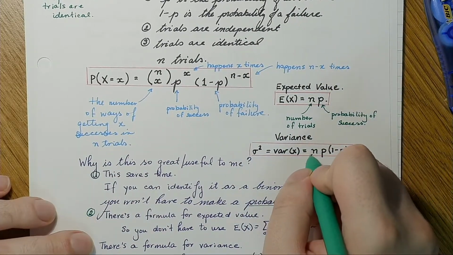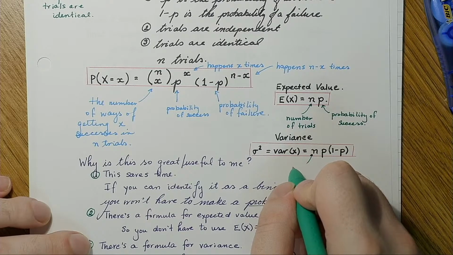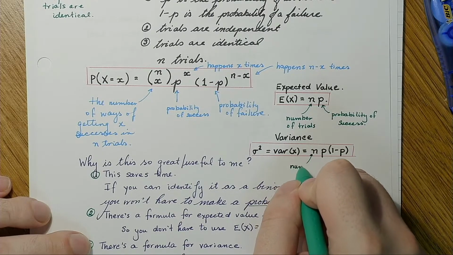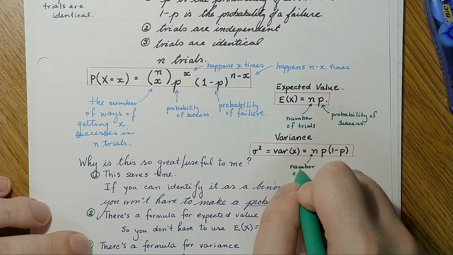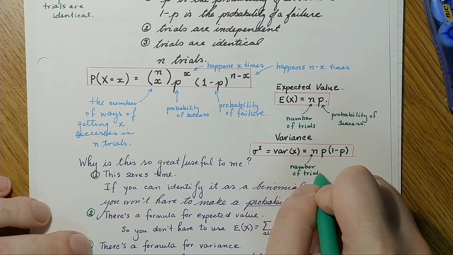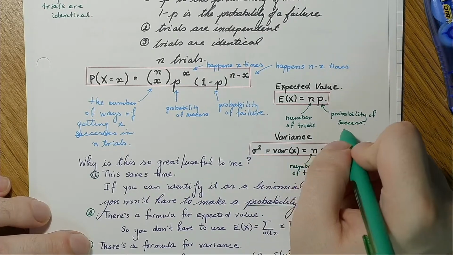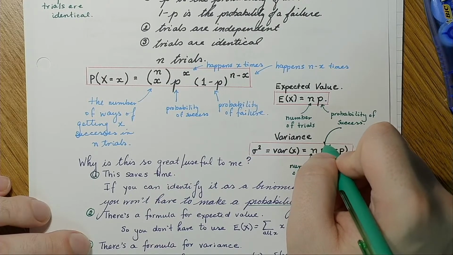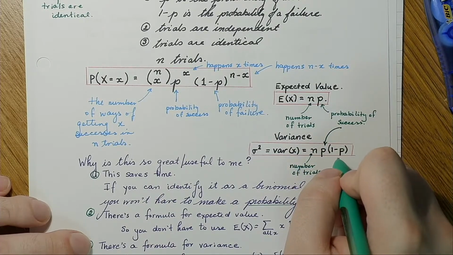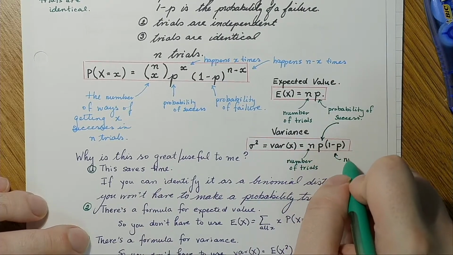I'll put this over here. Number of trials. Number of successes. And over here, number of failures.